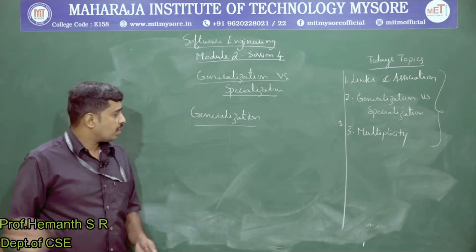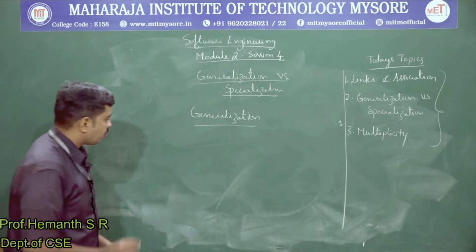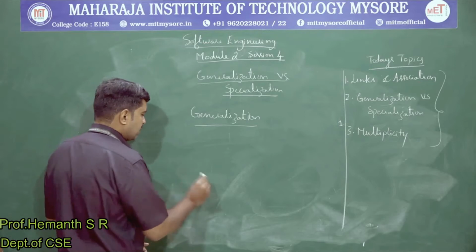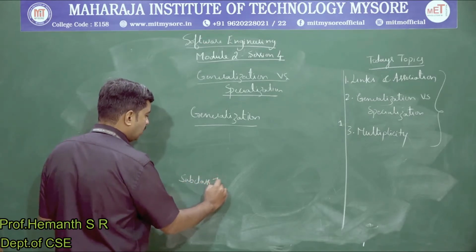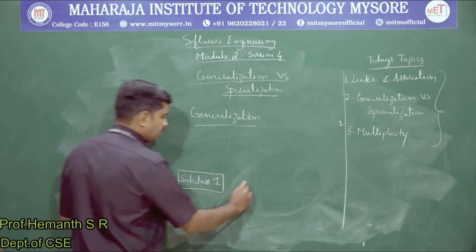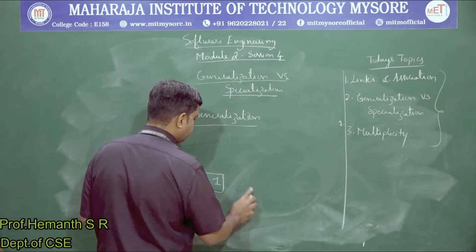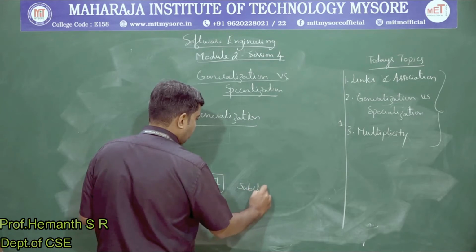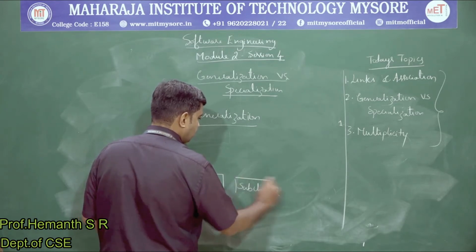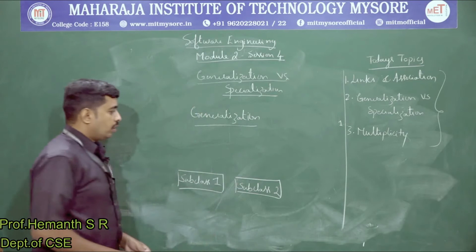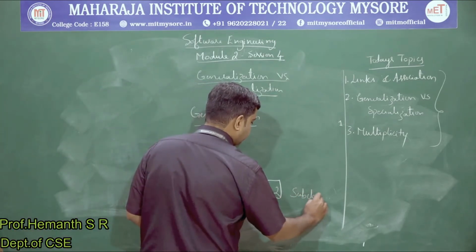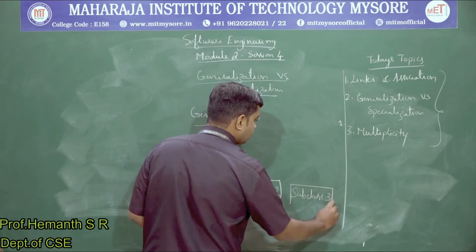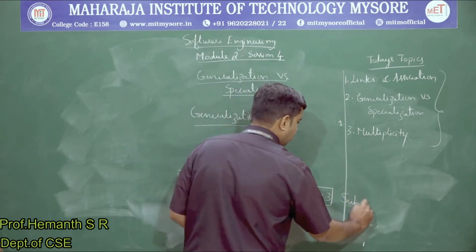So in generalization, what exactly are we doing? We combine the subclasses. For example, say we have a few subclasses: subclass 1, subclass 2, one more subclass, maybe subclass 3, and even subclass 4.